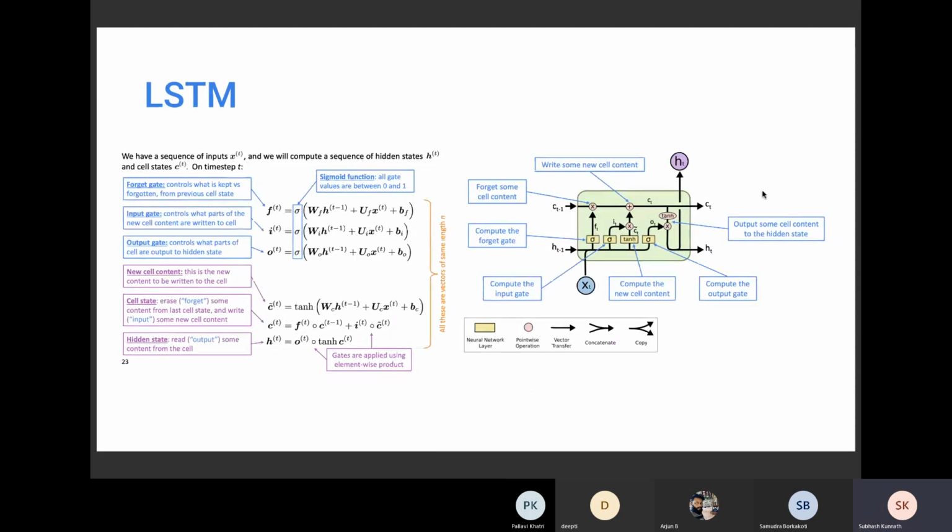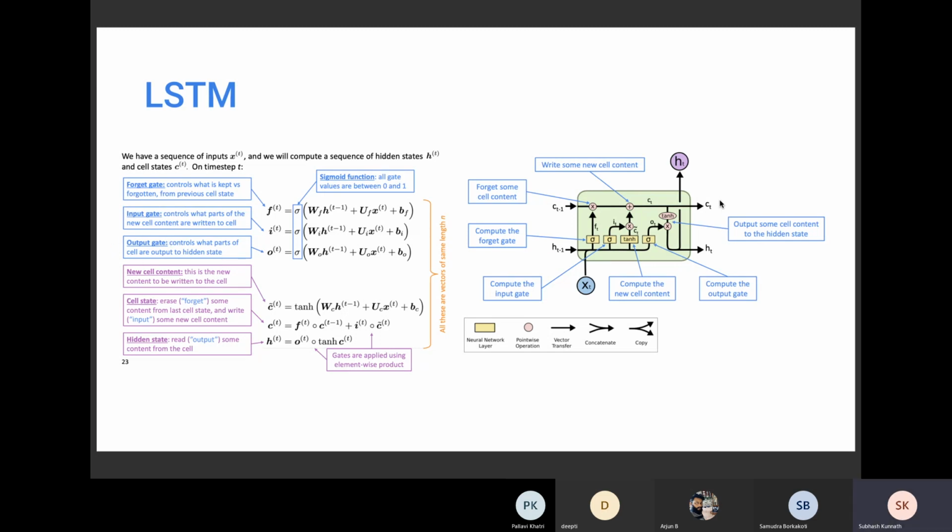And this is the complete picture of an LSTM cell. It may look like a very complex thing, but it's very simple. You have the forget gate, the input gate, and the third one is the output gate.